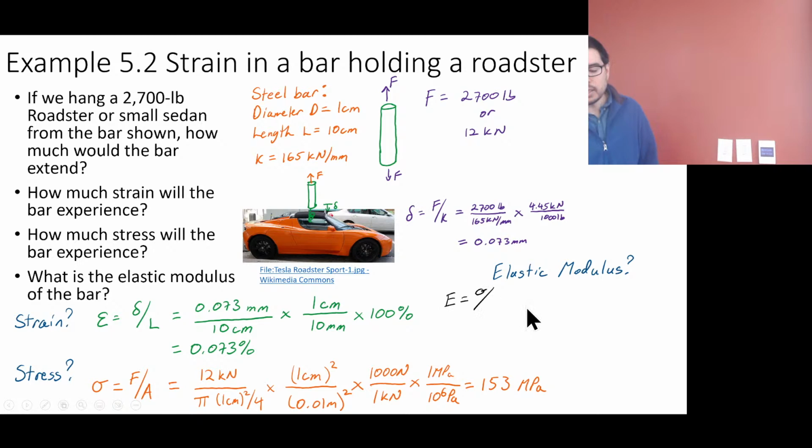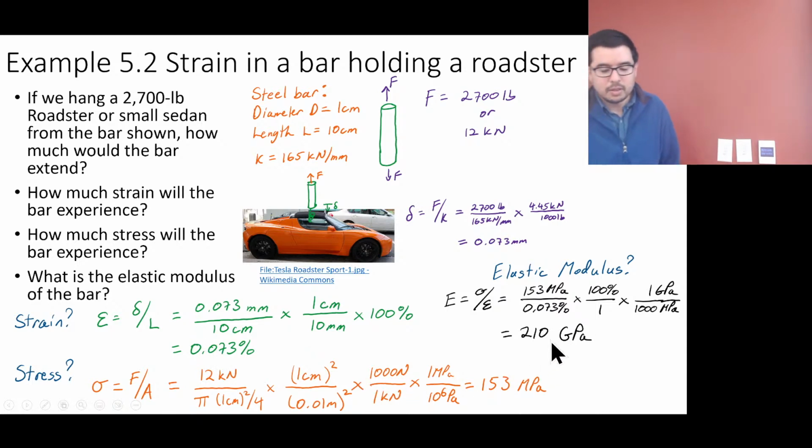The elastic modulus is given by sigma over epsilon. We've calculated epsilon and sigma, and we get 210 gigapascals. Is that a coincidence? No. I'm not perfect, but I tried to design the problem to use a realistic K.